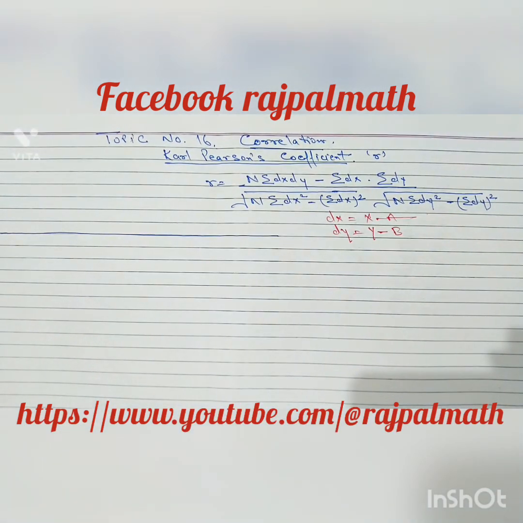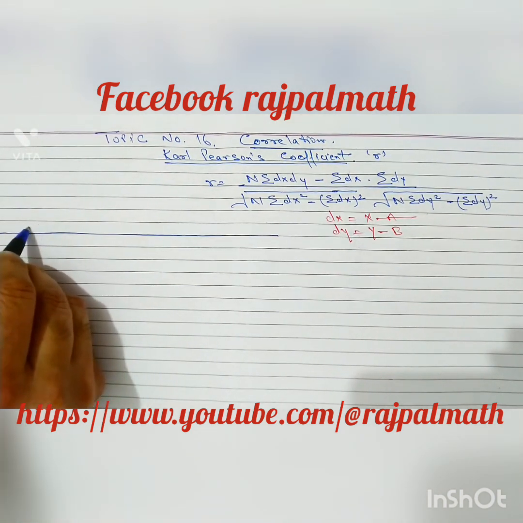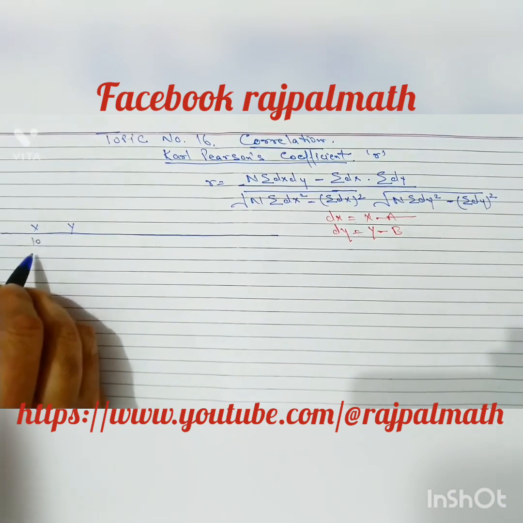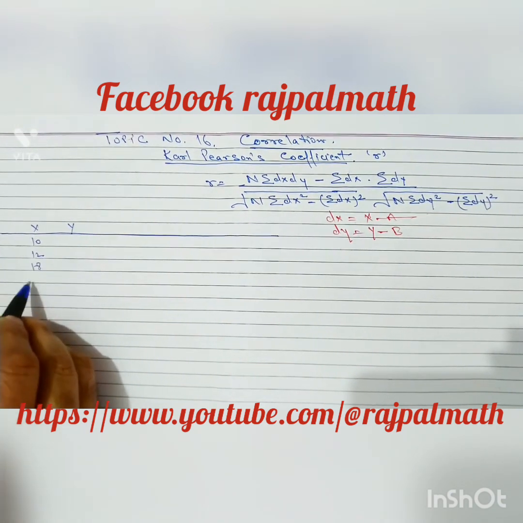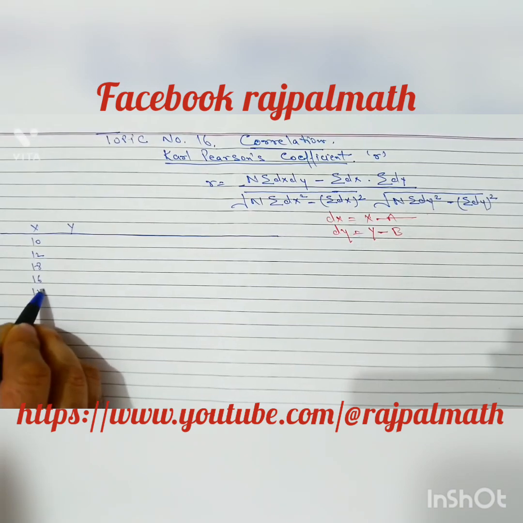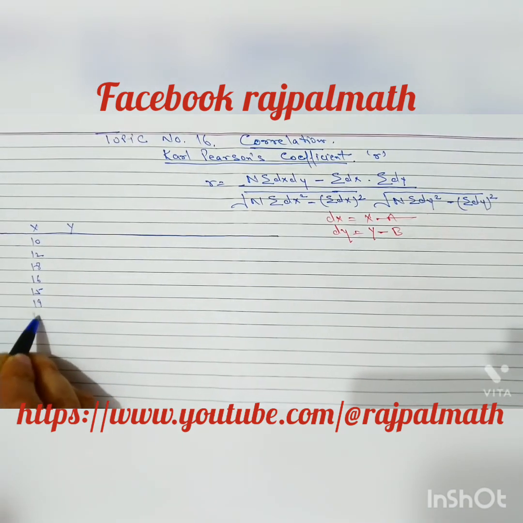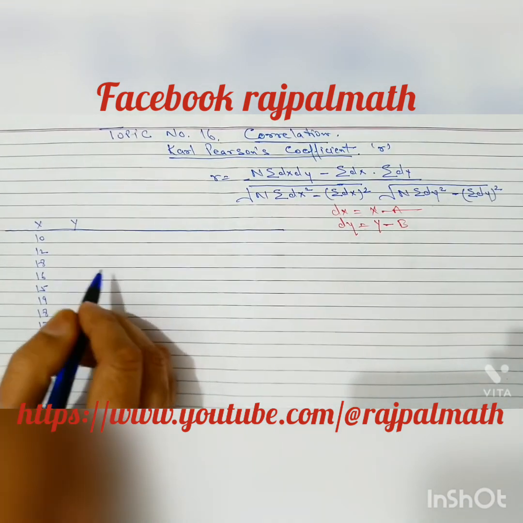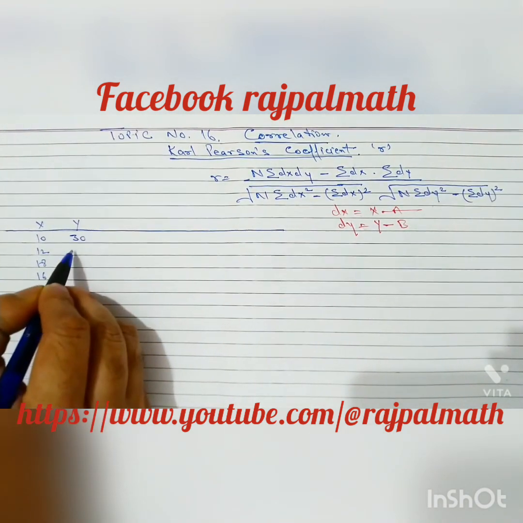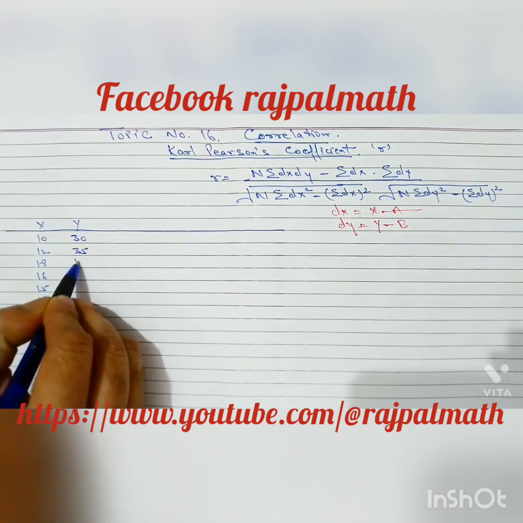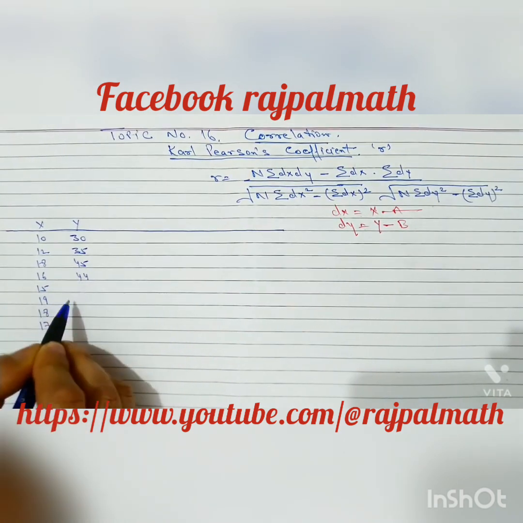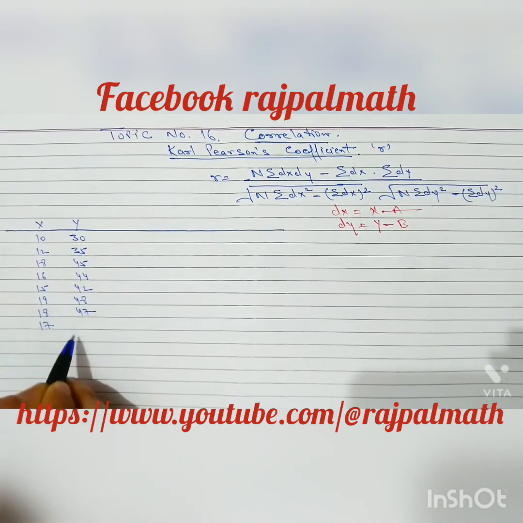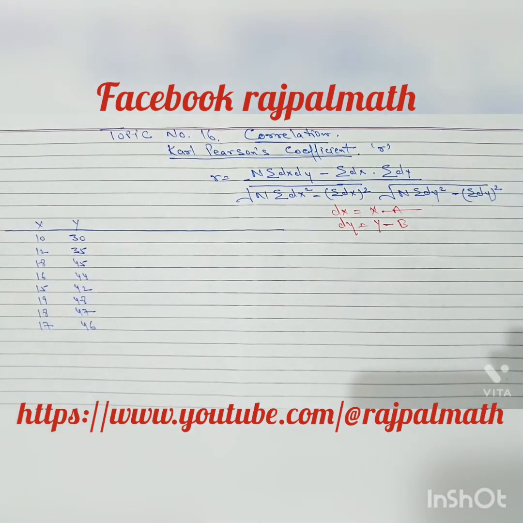Now the x and y series are given. X is 10, 12, 18, 16, 15, 19, 18 and 17, and the y series is given as 30, 35, 45, 44, 42, 48, 47 and 46.